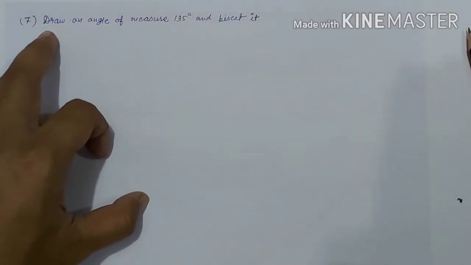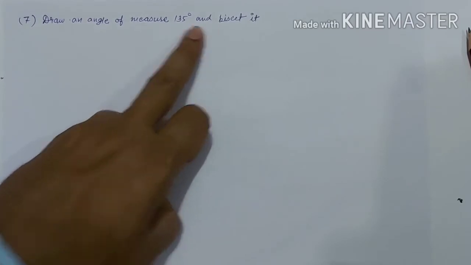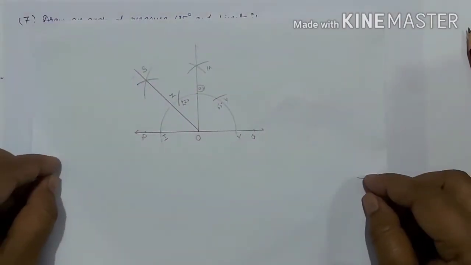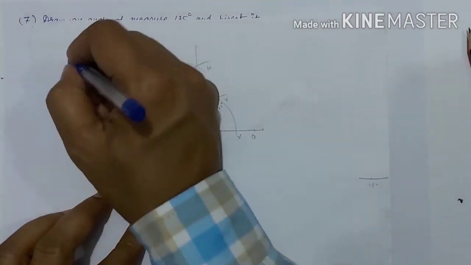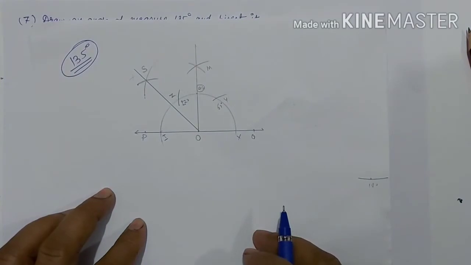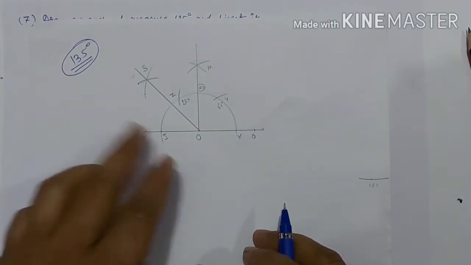Now next question: draw an angle of measurement 135 and bisect it. Question number 5 was already done with the angle of 135 in the previous class. Okay, and the same method will be used.